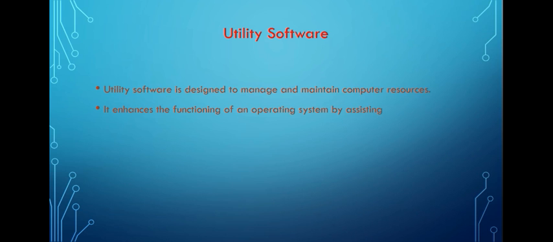Utility software. Utility software is designed to manage and maintain computer resources. It enhances the functioning of an operating system by assisting in various tasks, such as protecting the system against the virus, taking backup of the data, repairing and managing disks, or you can call it hard disk.